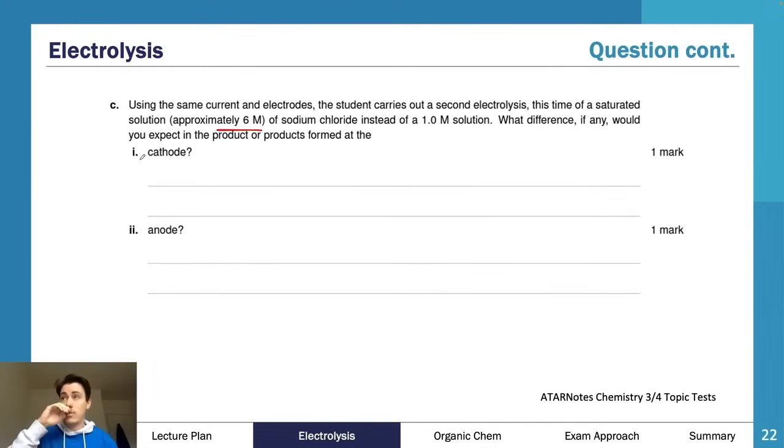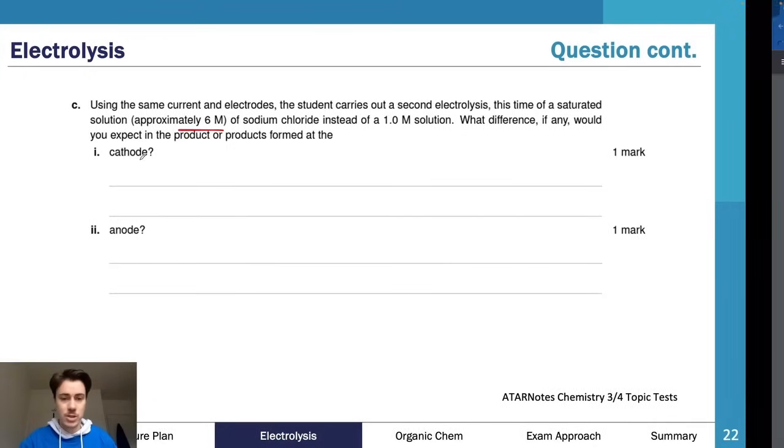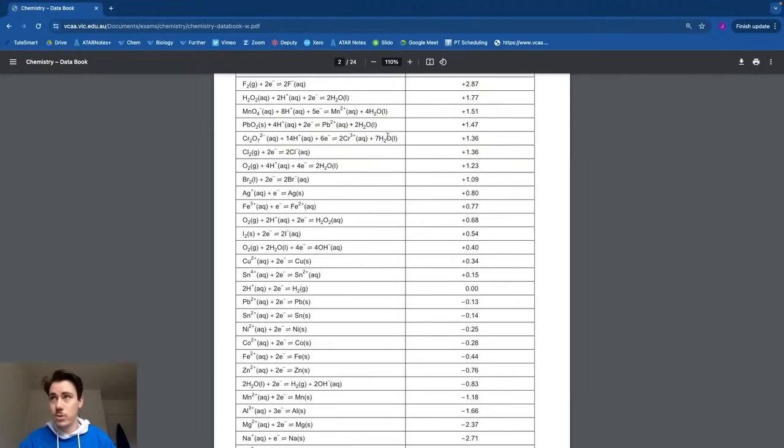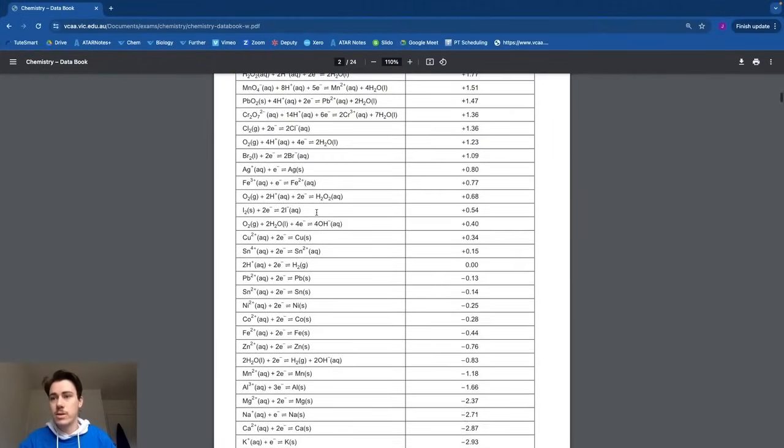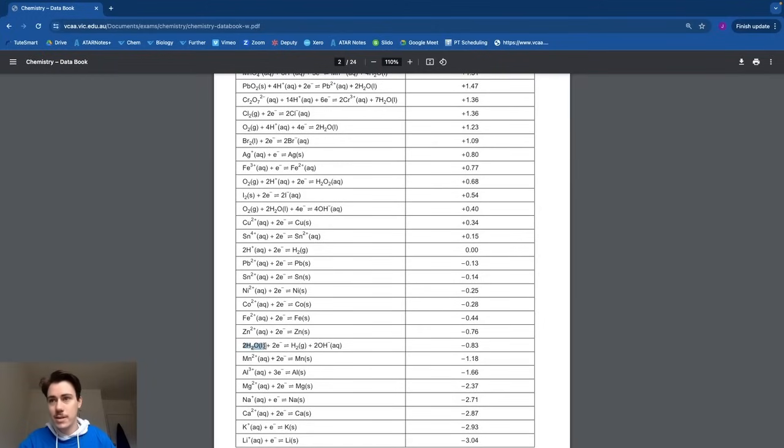So, really important. This question is asking you to make an assumption. So therefore, you just need to justify your assumption as you would. In this question, what's really important is remember, we had this and we had this. Now, I want to highlight something. This is negative 0.83. This is negative 2.71.